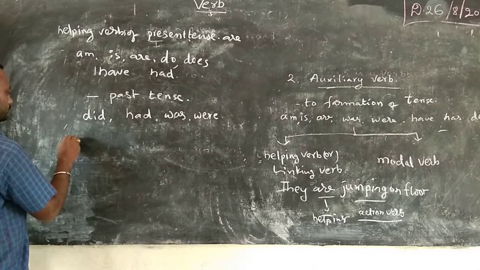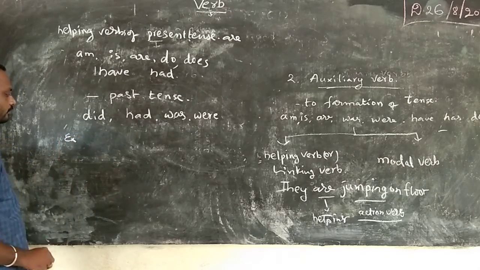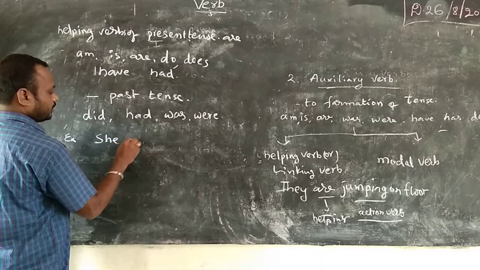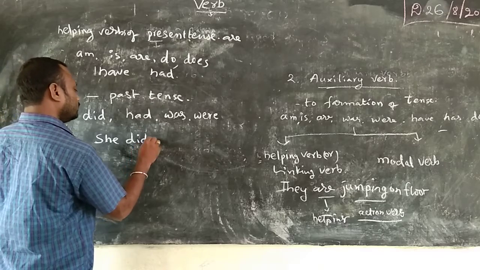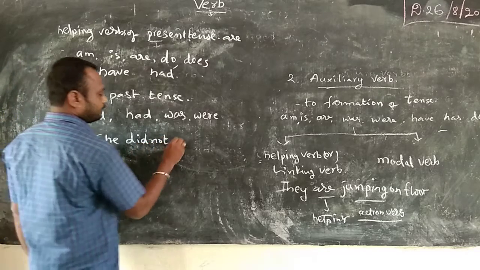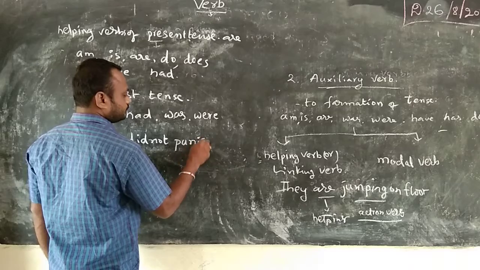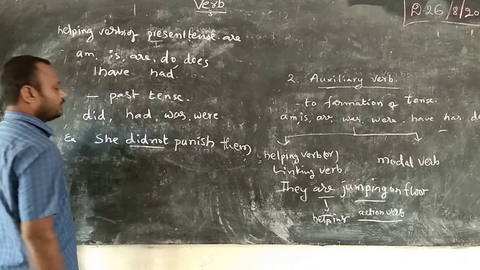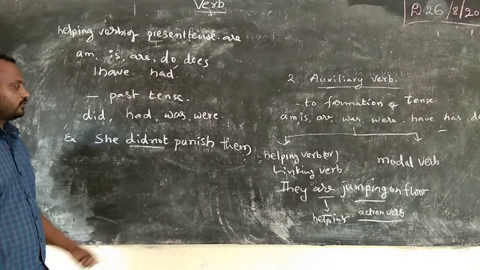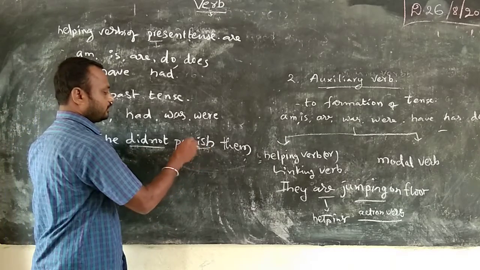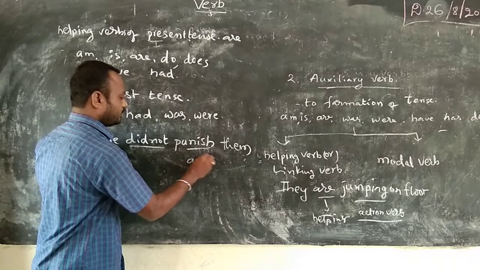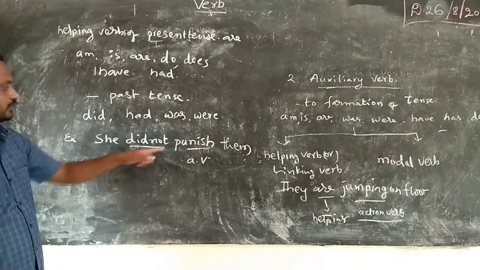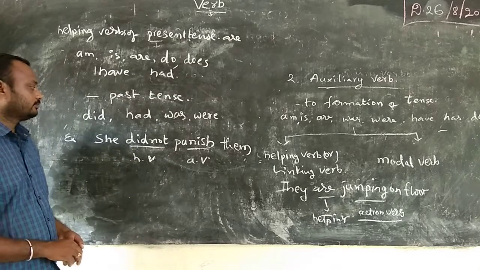For example, she did not punish them. Here, did is the helping verb that connects with the main action word.